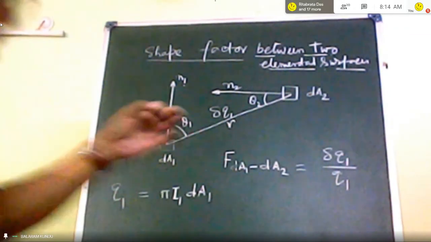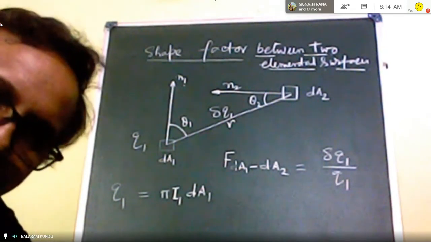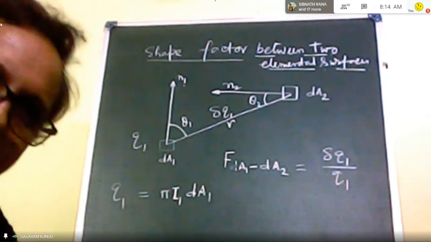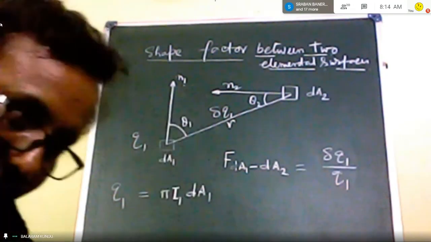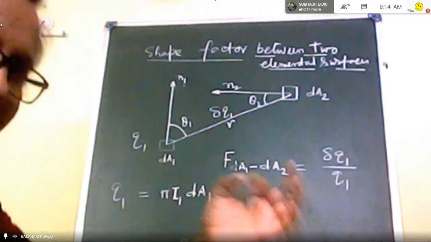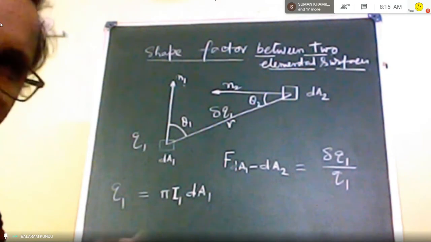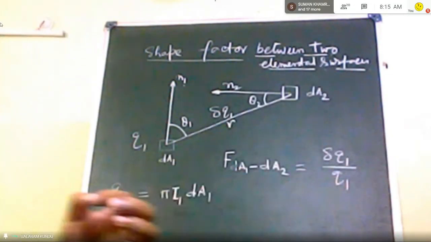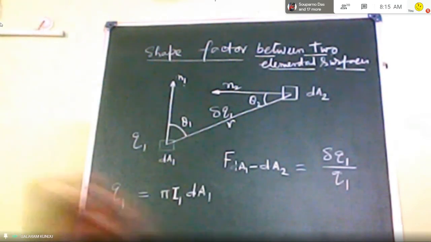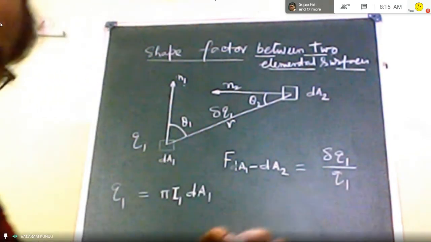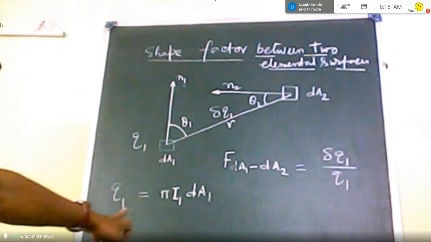Now, why has the pi term come? The spectral blackbody radiation emissive power, I already derived that in the previous class. That is E_b lambda T, equal to pi into I_b lambda T. The pi term has come because the radiation energy is emitted from a body in all directions into hemispherical space.